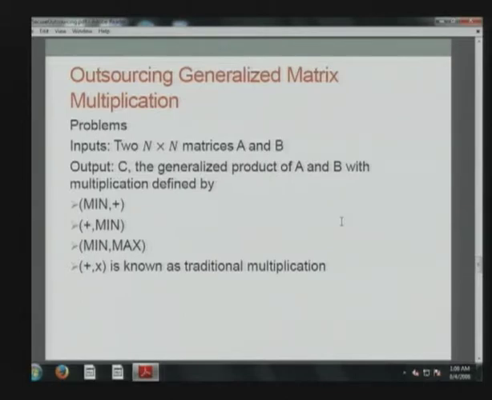So this is widely used. In this talk, I will only introduce how we compute the min plus, and the other two are similar but with different functions. If you are interested, you can check it in the paper.